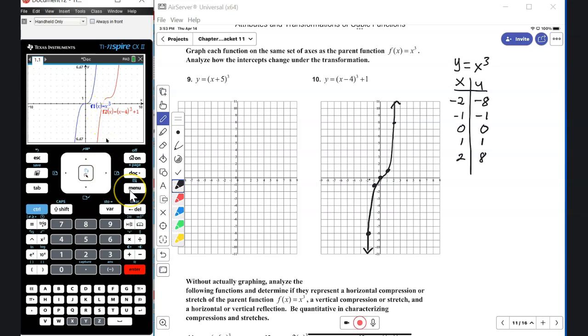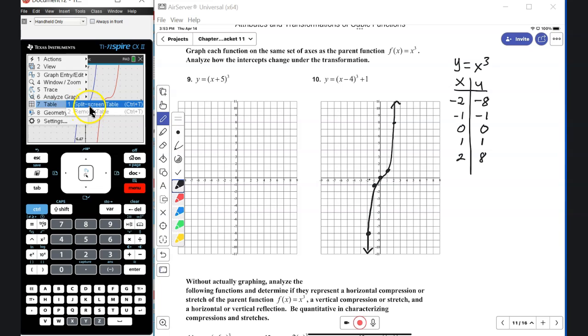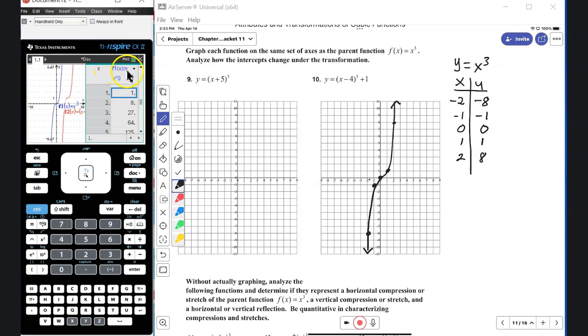Now, when we go back to our table, it has an option to scroll down to see the second table, and that's the one we want. We know that the x-intercept is 4, so we should be around 4. I'm going in the wrong direction, so we should start with 2. I'm going to use a different color.